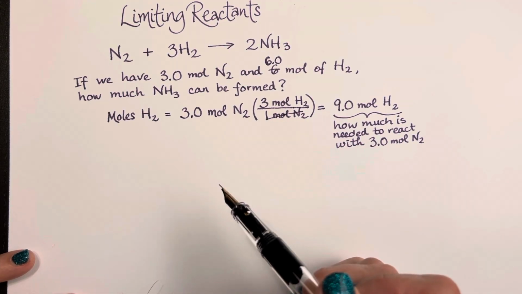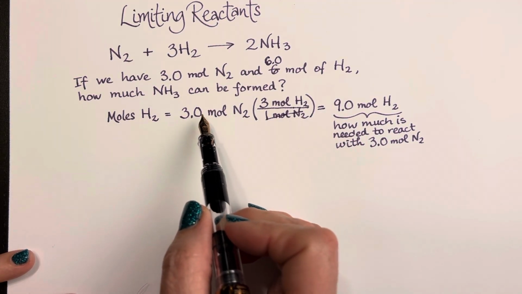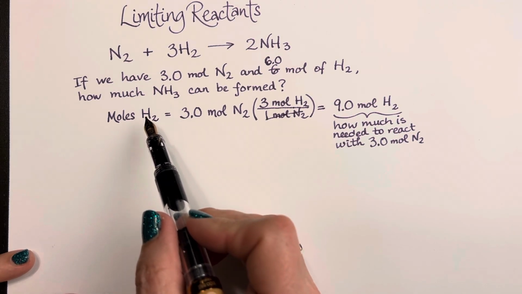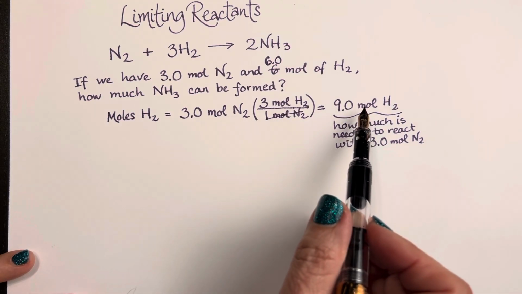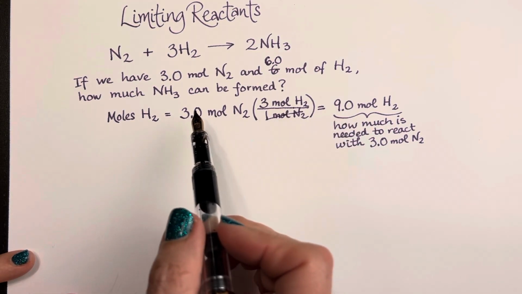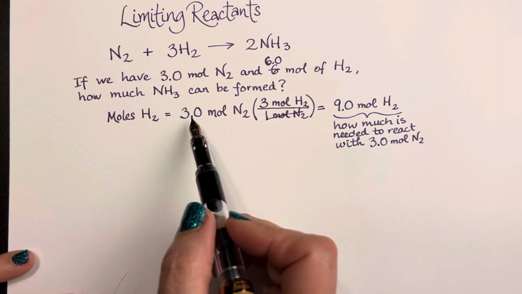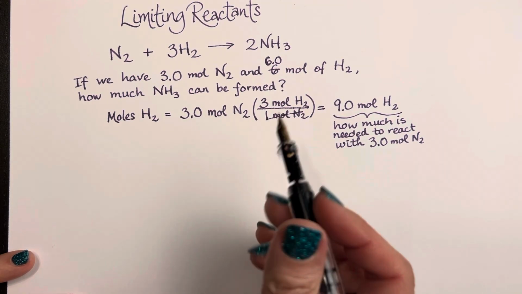All right. Let's try it the opposite way from the other point of view, because maybe if you were doing this reaction and you thought, okay, I am going to calculate a number of moles of hydrogen I need. Instead of doing that, you started with how much hydrogen you had, and you were like, okay, let me make sure I have enough nitrogen.